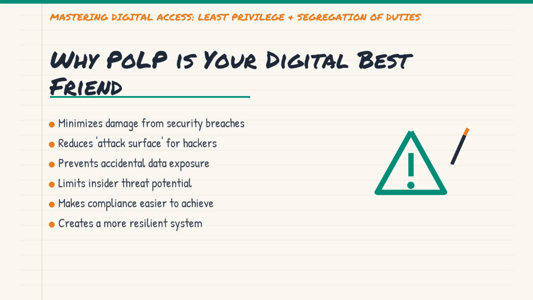If an employee has access to financial records, HR data, and customer information, but only needs the financial records for their job, they're overprivileged. If their account gets hacked, the bad guys now have access to all that data, not just what the employee actually needed. PoLP drastically shrinks the potential damage if something goes wrong. It's like building firewalls around every single piece of data.